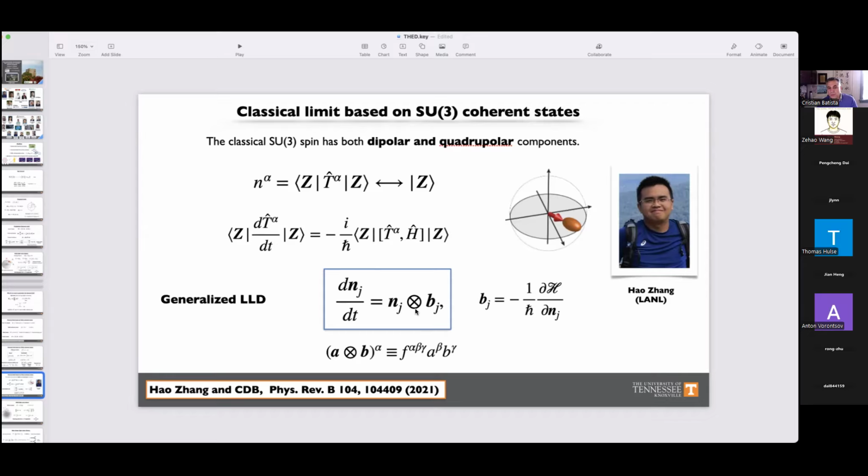But this cross product is now the contraction with the structure constants of SU3. Before it was the Levi-Civita tensor, the usual cross product for SU2 that leads to the Landau-Lifshitz equation. Now we generalize this cross product, and we have a more general Landau-Lifshitz equation with this other classical limit.